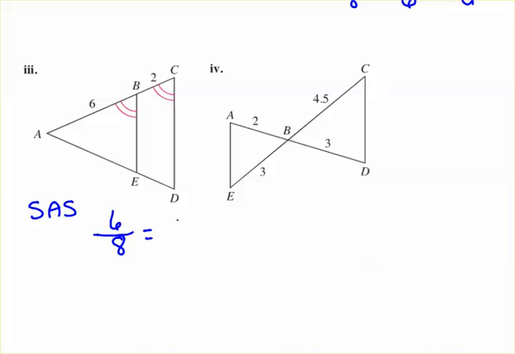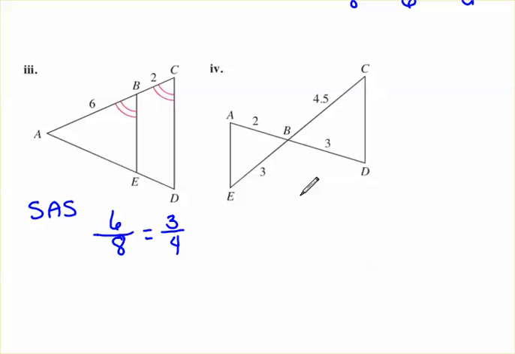And when we reduce that down, that would be 3/4. Or if you turned it upside down, it would be the same thing. You could compare the larger triangle to the smaller triangle. Either way is acceptable.